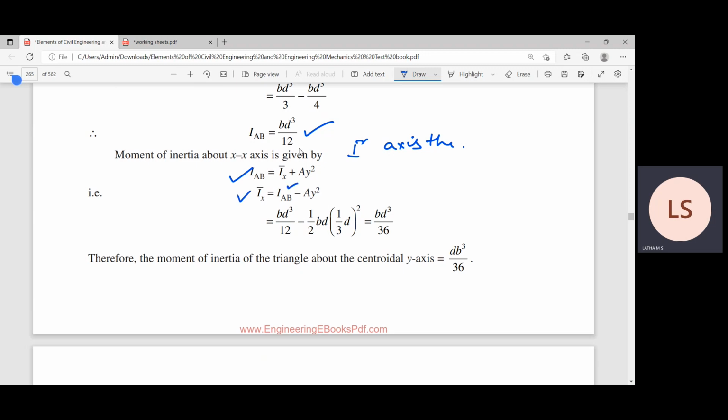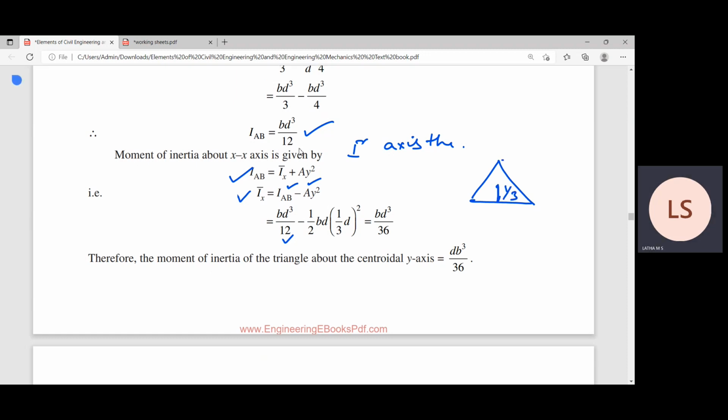I know IAB, and the area is half into B into D. What is the perpendicular distance? 1/3 of D, because it is measured from the base of the triangle. From the apex, it is 2/3. When I substitute, I'll get bd cubed by 36. Similarly about the YY axis, I'll get d b cubed by 36.